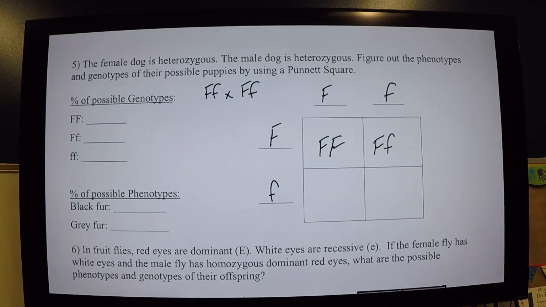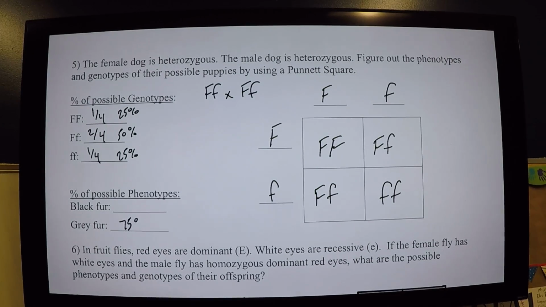Always put your capital first. And now we've got 1 out of 4 of those, 2 out of 4, and 1 out of 4. It's 25%, 50%, and 25%.